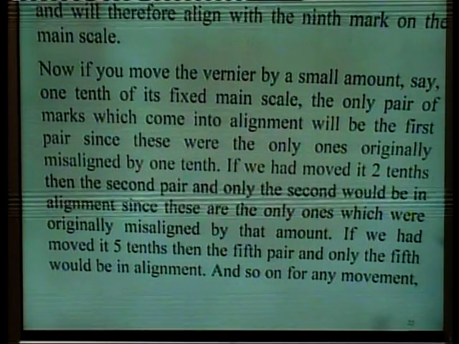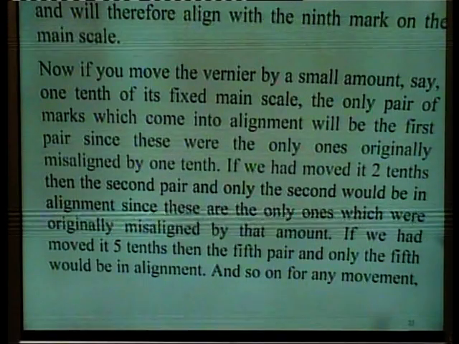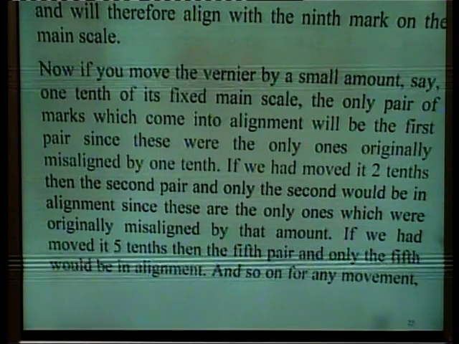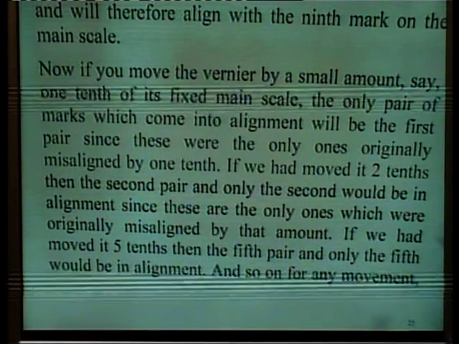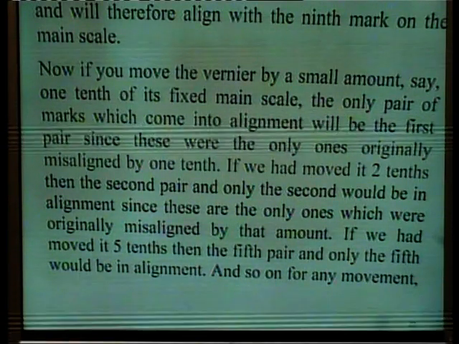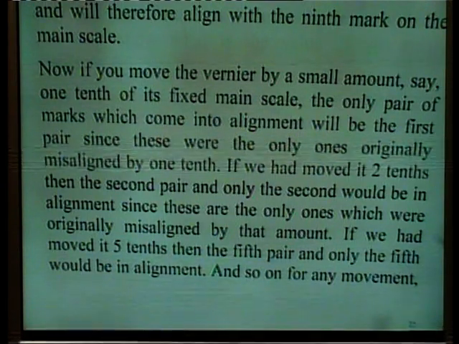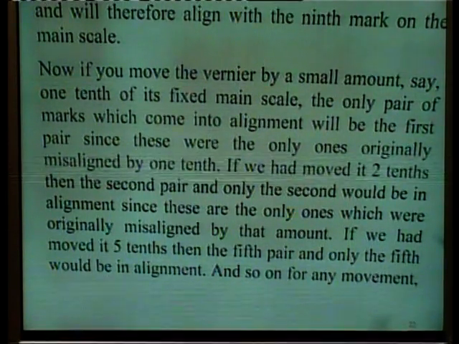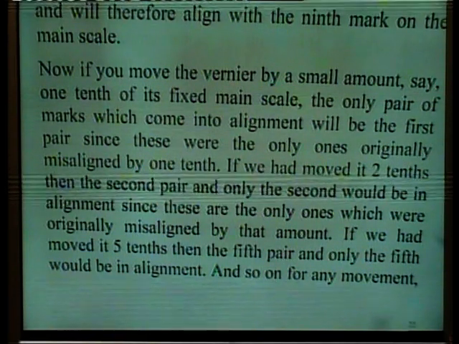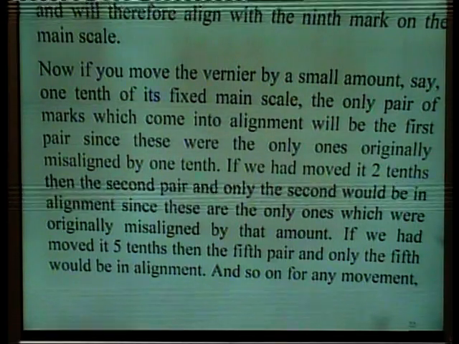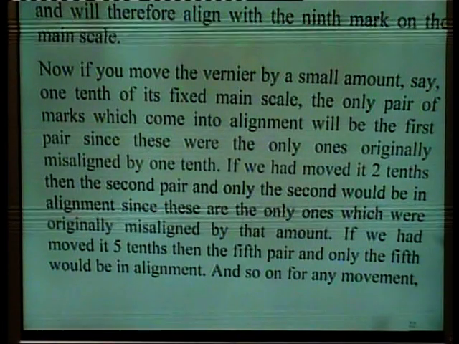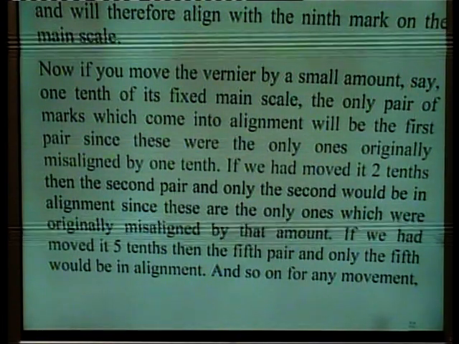Now if you move the Vernier by a small amount, say 1/10 of a main scale unit, the only pair of marks which comes into alignment will be the first pair, since these were the only ones originally misaligned by 1/10. If we had moved it 2/10, then the second pair, and only the second, would be in alignment, since these are the only ones which were originally misaligned by that amount.